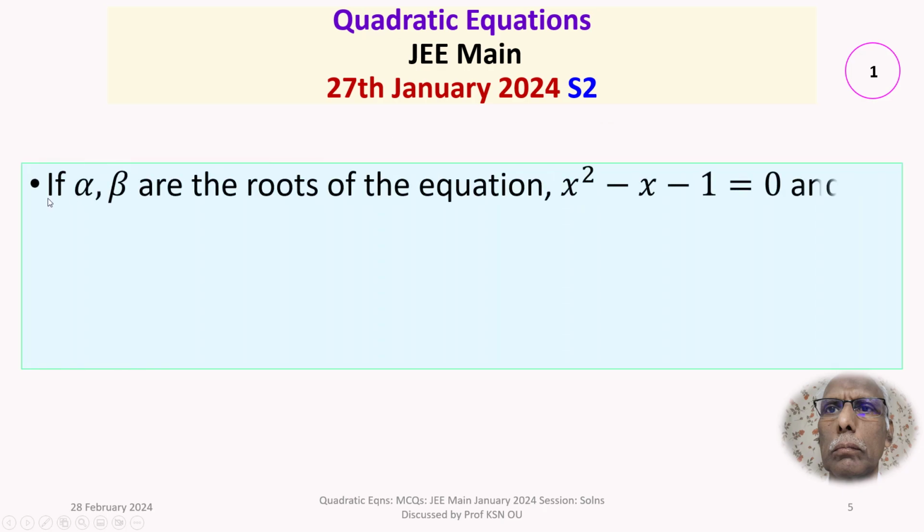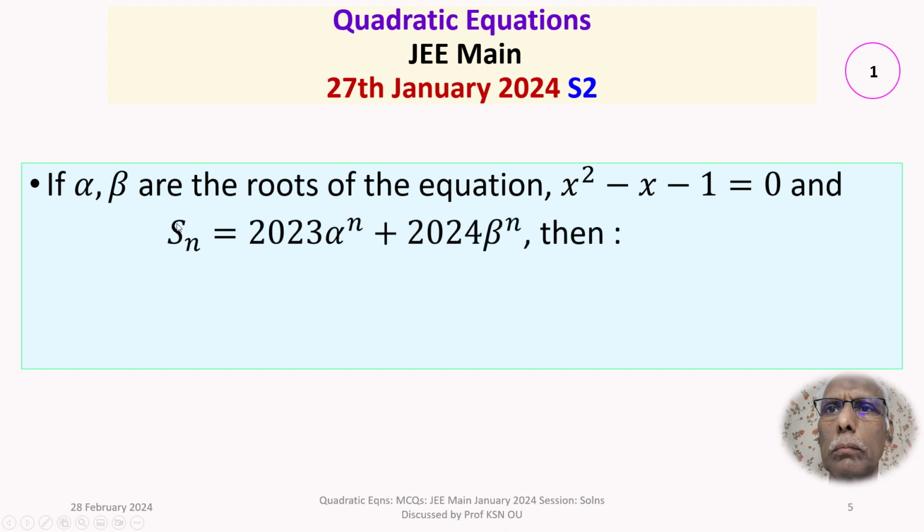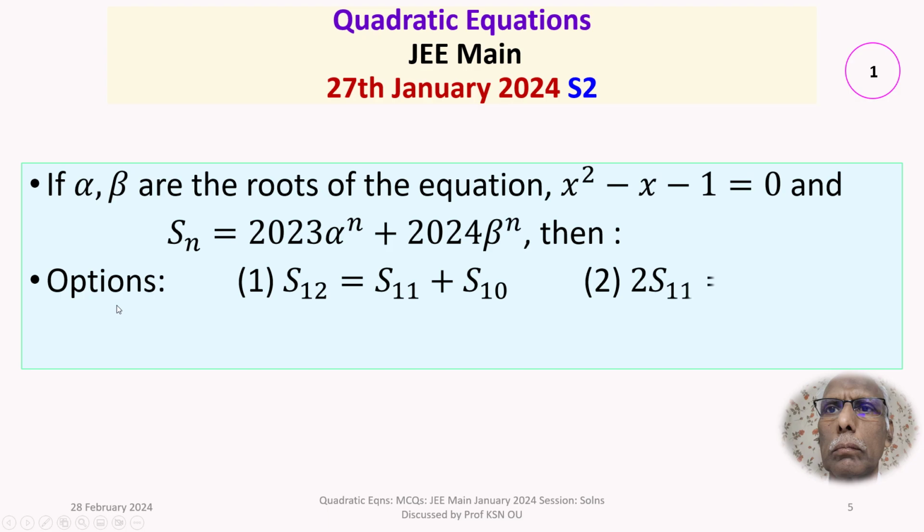The given question is, if alpha, beta are the roots of this quadratic equation, x square minus x minus 1 is equal to 0, and S suffix n is 2023 multiplied by alpha to the power of n plus 2024 multiplied by beta to the power of n, then we are given 4 options.